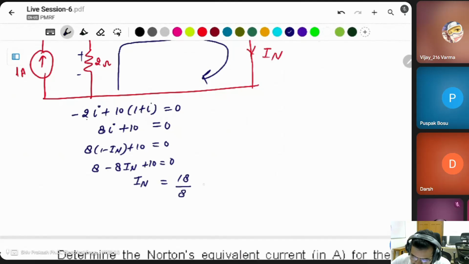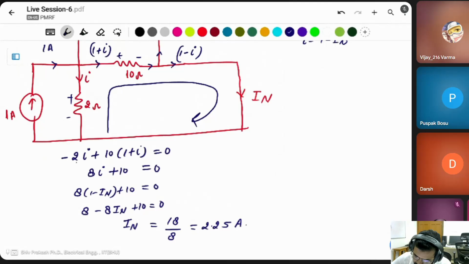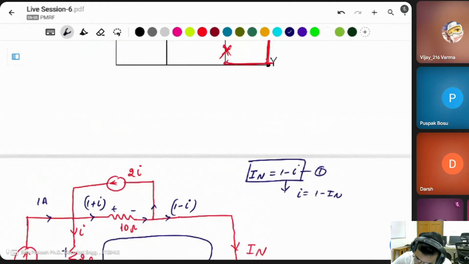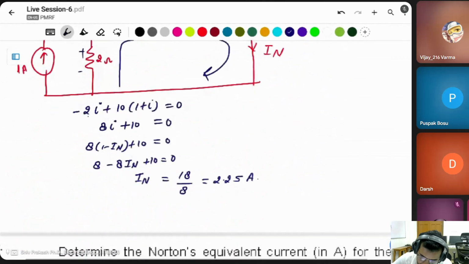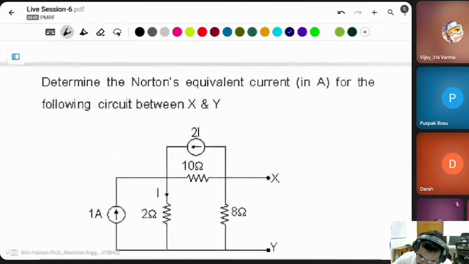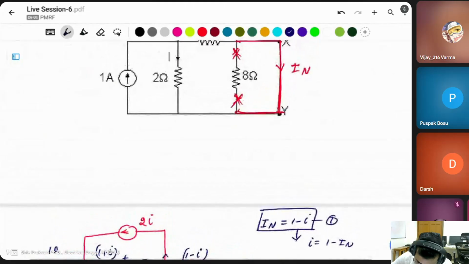Okay. Now redraw the circuit and find the answer. This is the 1 ampere.